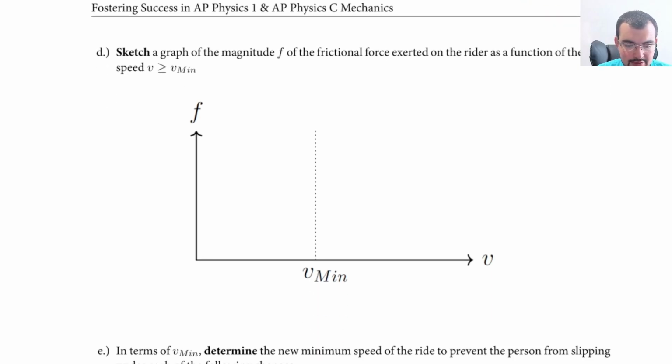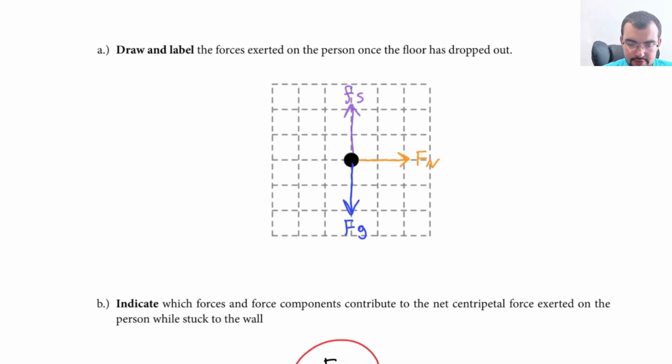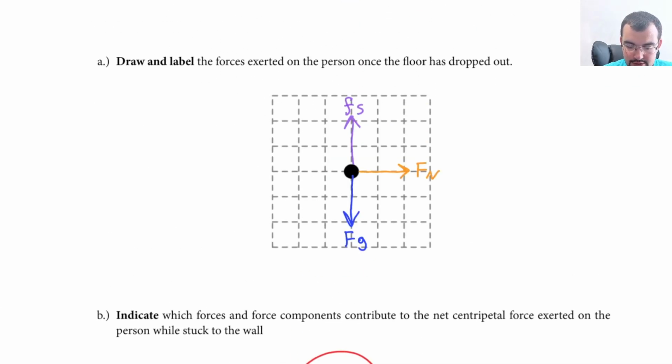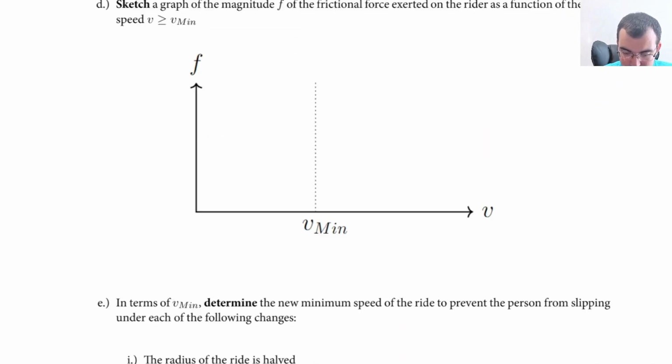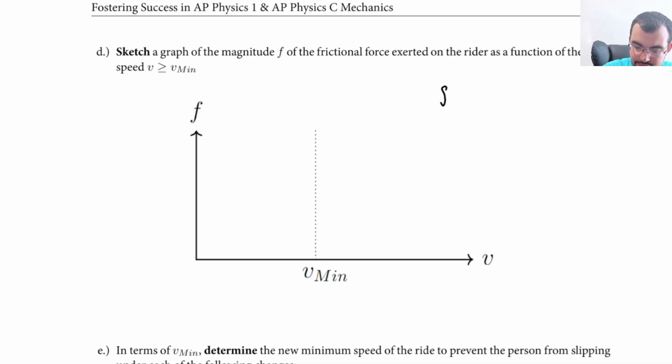All right, let's sketch a graph of the magnitude of the frictional force exerted on the rider as a function of the ride's speed, for faster than the minimum. So what we know is that if the rider is stuck to the wall, then the frictional force is equal to the static friction force, which is equal to the weight mg of the rider.